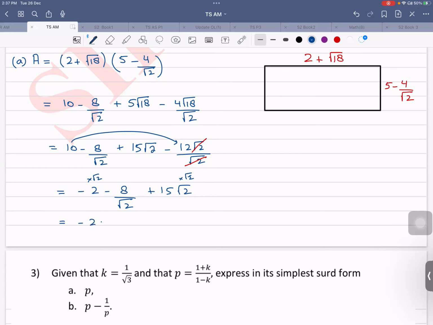Normally in rationalization questions, at the beginning of the question it says do not use a calculator. In this question, that is why it is very important that you show all the steps.